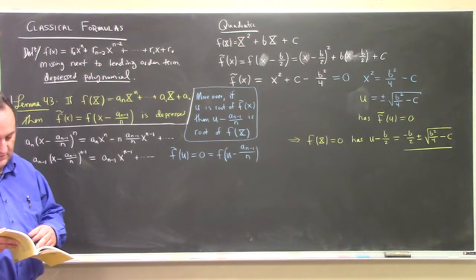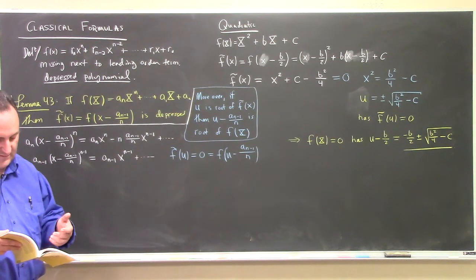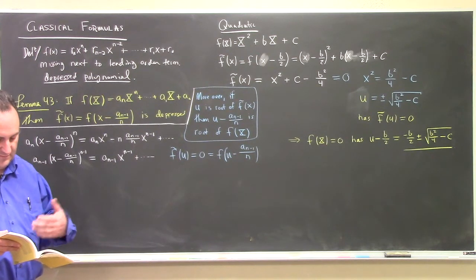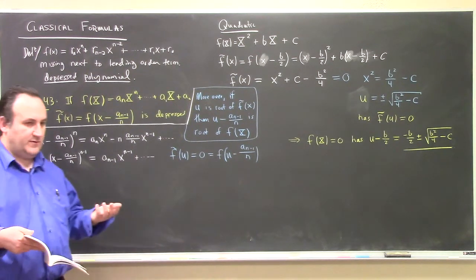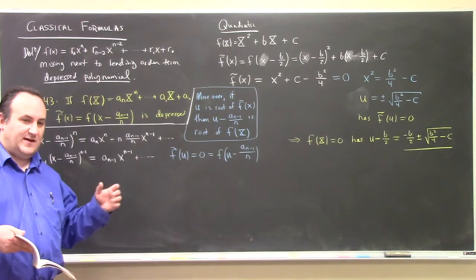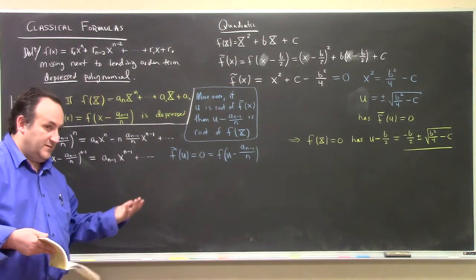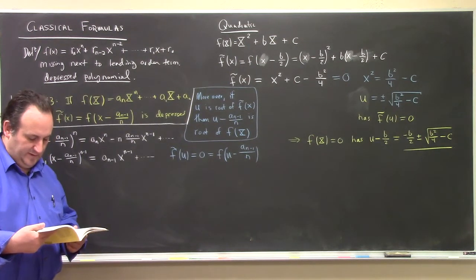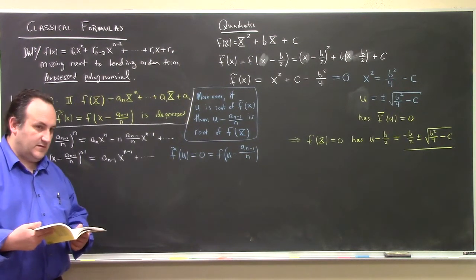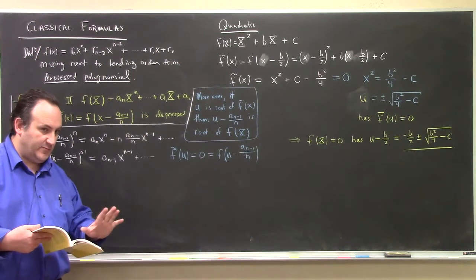So if u is a root of a cubic polynomial f of x, once you have one root of a cubic, you can divide the cubic by x minus the root. That will give you a quadratic, which you can then solve. So if we can find one root, we can find the others by doing a long division and solving the corresponding quadratic.